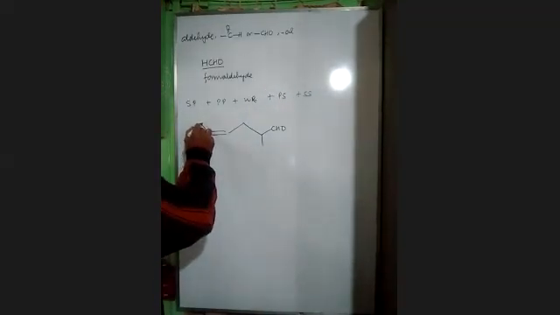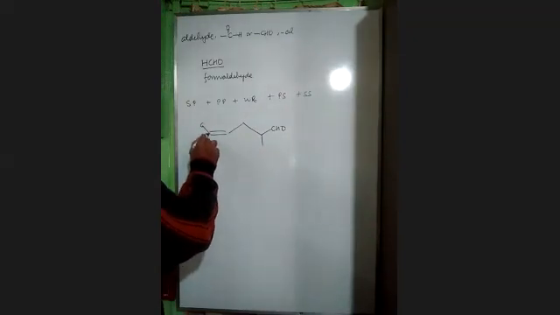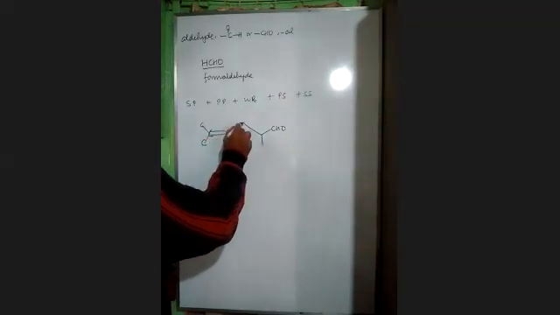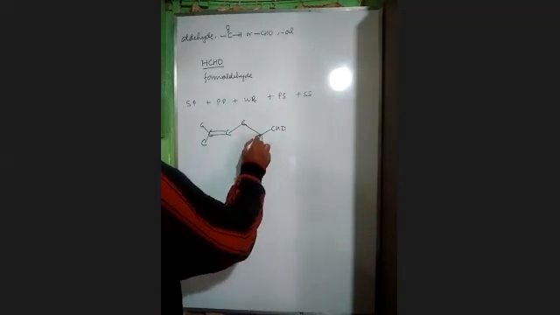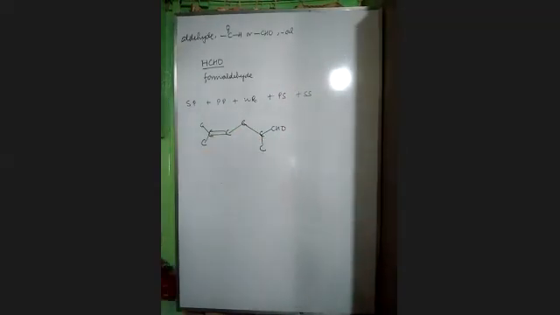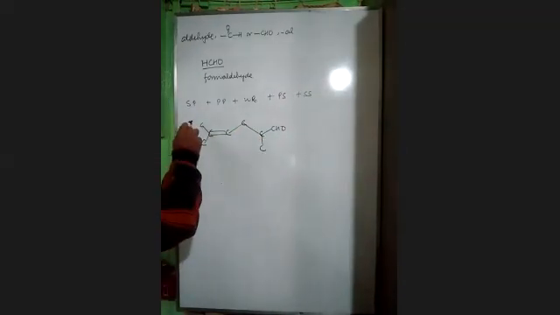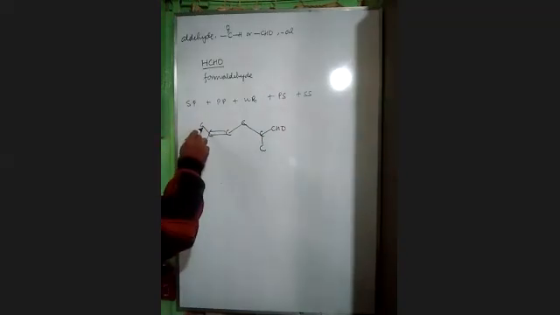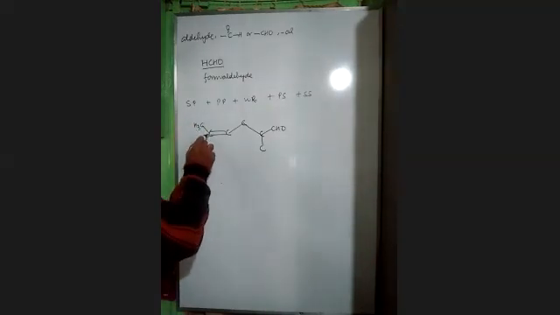See now, what will you do here? C, C, C, C, C, C, C. I told you, only one bond is there. 4 minus 1 is 3, so it is CH3. See, 1, 2, 3, 4. 4 minus 4, 0.